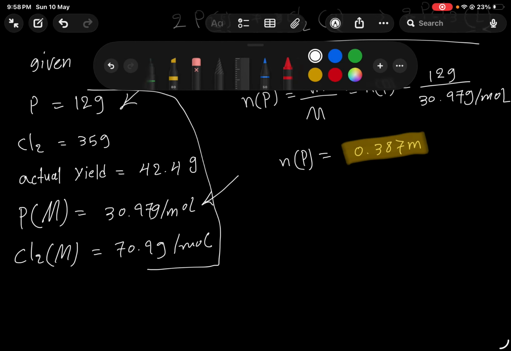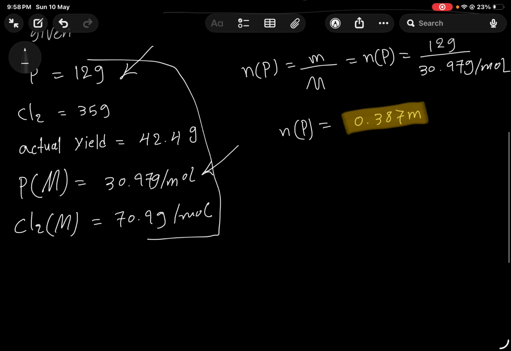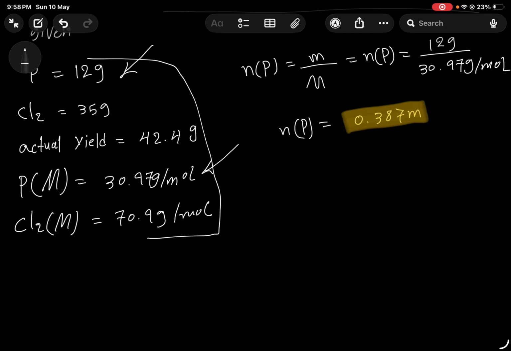And then we have to use the same formula for chlorine. So n of Cl2 is equal to the mass. We're not going to use the formula, just put the values in. For the mass we have 35 grams, so it's going to be 35 grams divided by the molar mass of Cl2.